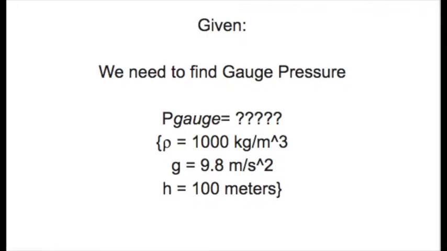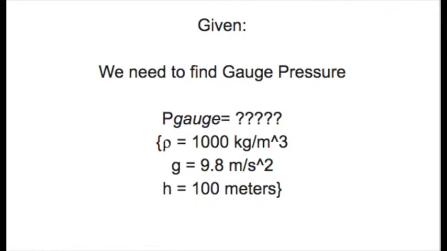Calculate the water pressure at the base of a dam when the depth of the water behind the dam is 100 meters. So for the given, we need to find the gauge pressure.